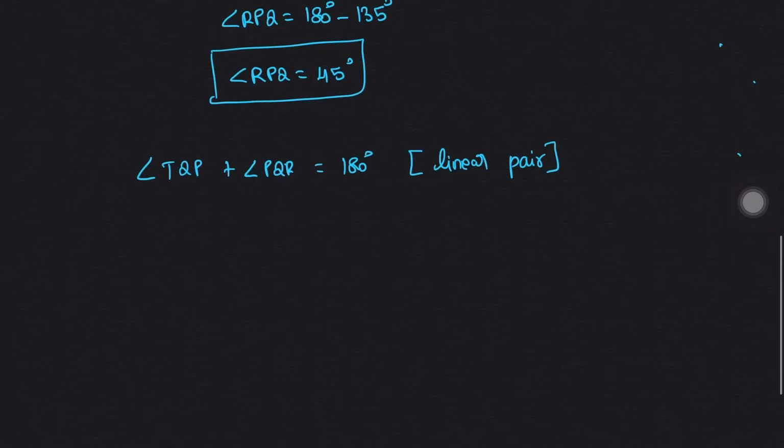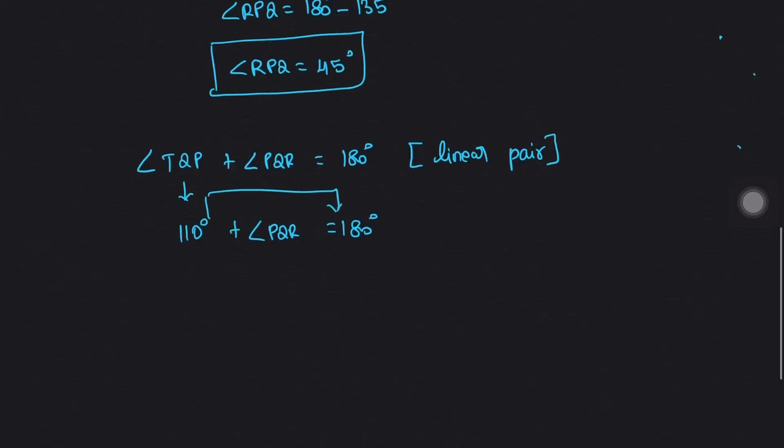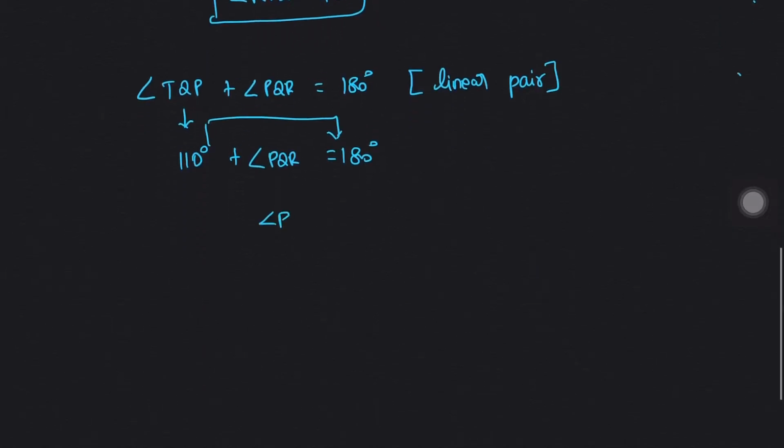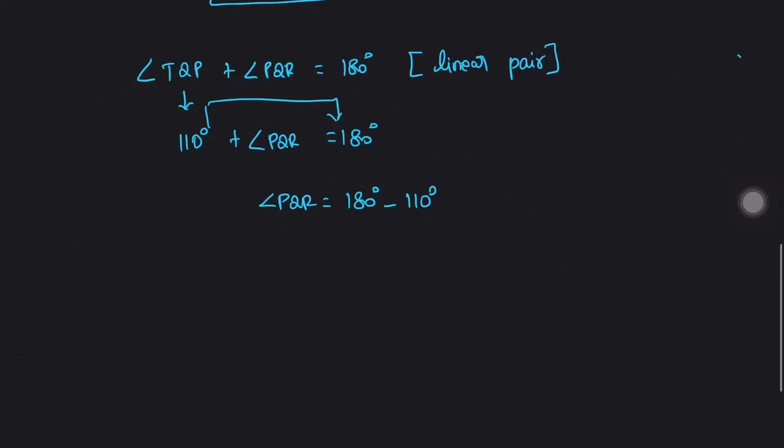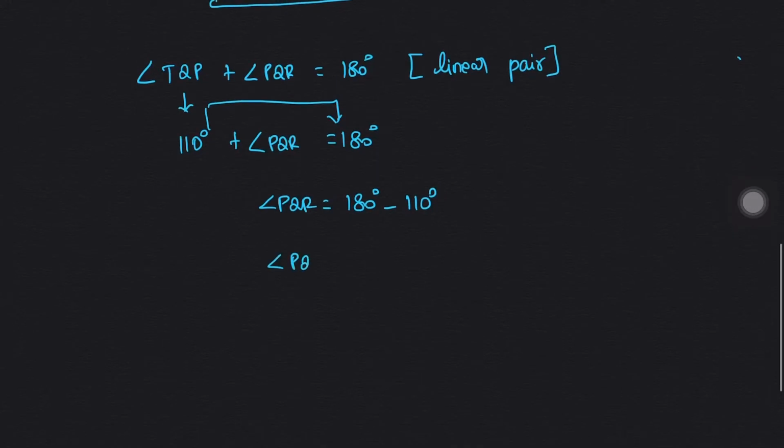This value is already given in the question also. The value is 110 degrees plus angle PQR is equal to 180 degrees. Then this term is moving to the right side, it's a negative. Angle PQR is equal to 180 degrees minus 110 degrees. Then angle PQR is equal to 70 degrees.